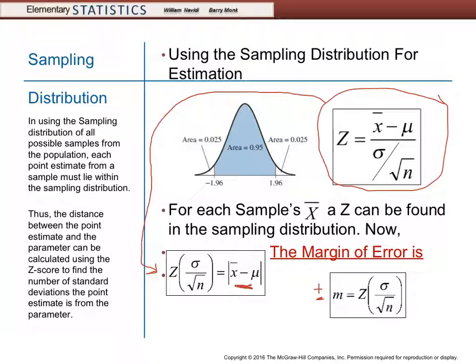So once we take the absolute value off, we get a plus or minus margin of error equal to x bar minus mu. Now we can rearrange the terms. We can move mu onto the other side and plus or minus m to the other side, and you see we immediately have a confidence interval.